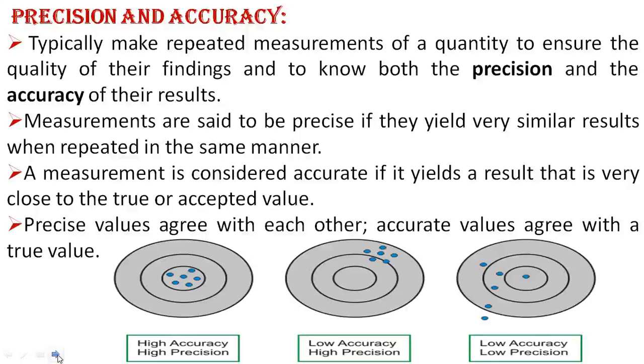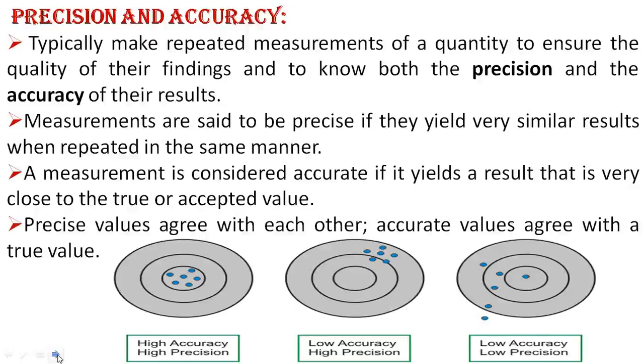So let's see some diagrams to make the concept of precision and accuracy clear. We have already discussed precision and accuracy in sensors. In the first diagram, the observations are closely gathered near the expected value, and they are close to each other. So that's why the first diagram shows high accuracy and high precision.